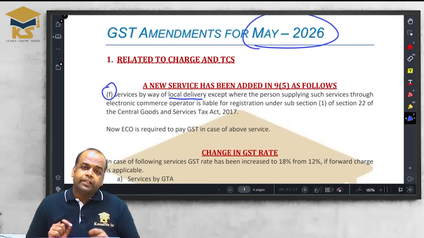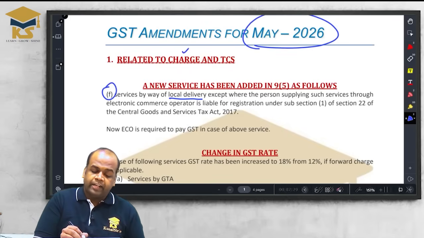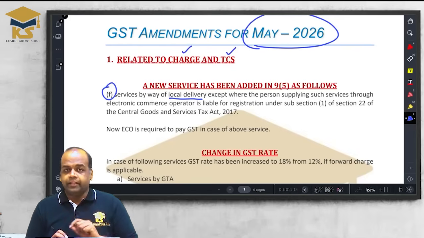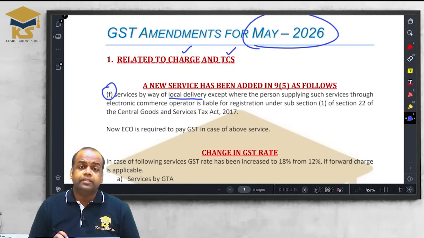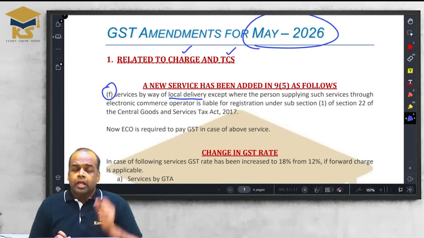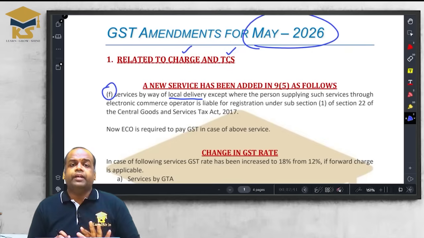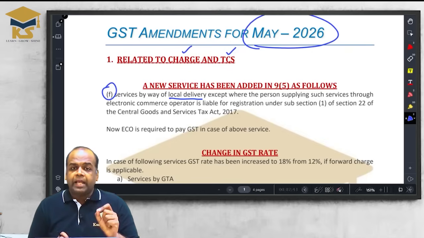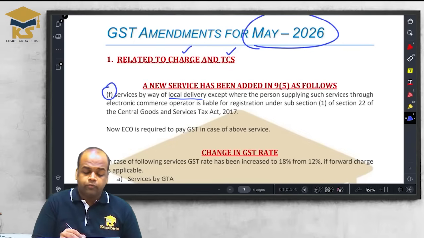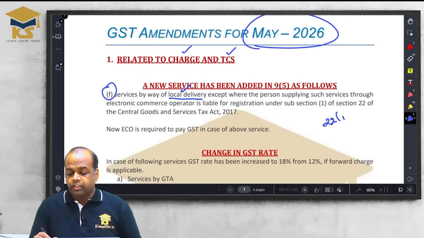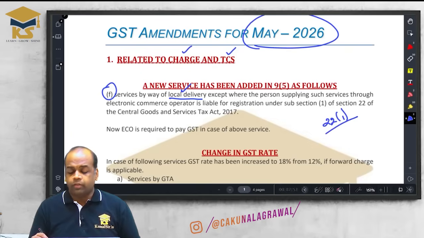So any services of local delivery provided through ECO, who is required to pay tax now? ECO. So 9(5) is amended, and the chapter related to TCS is also amended because the same section appears at both places. But remember one thing: this ECO provision is applicable only when the person supplying local delivery services is not required to get registration under section 22(1). What is section 22(1)? Your threshold limit.